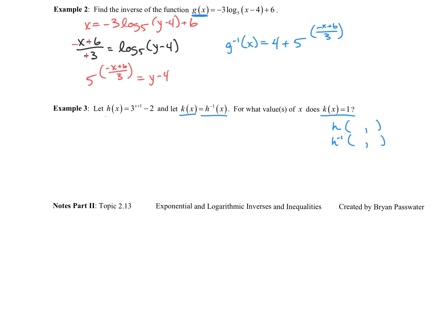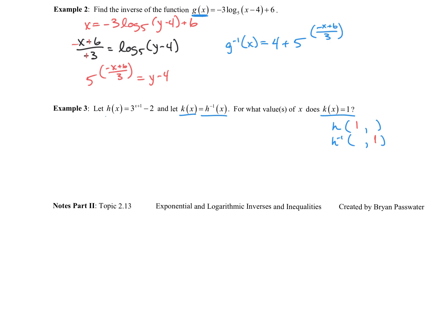It's the y. And so I'm going to put it as the y right there. Which means, what do I know about my h? It's the x. So if I need to solve for the x of my inverse, I can actually solve for the what of my h? My y of my h. Well, how would I solve for the y of my h? Just do what? Substitute it in.